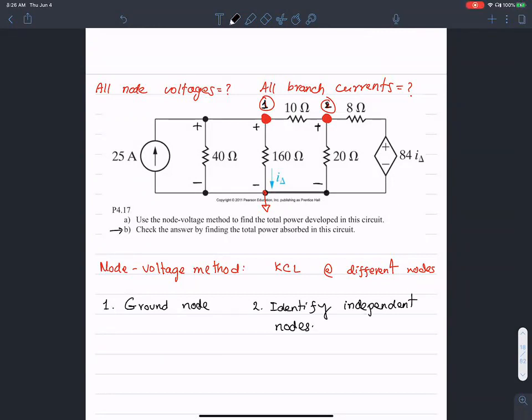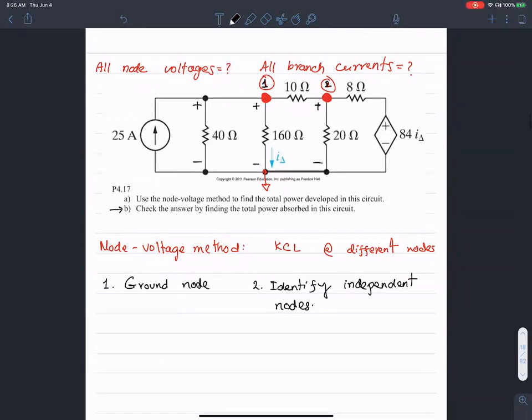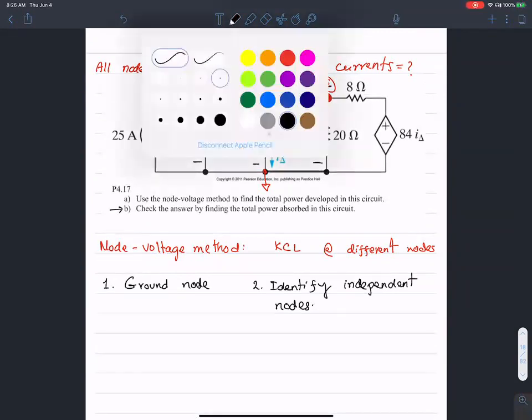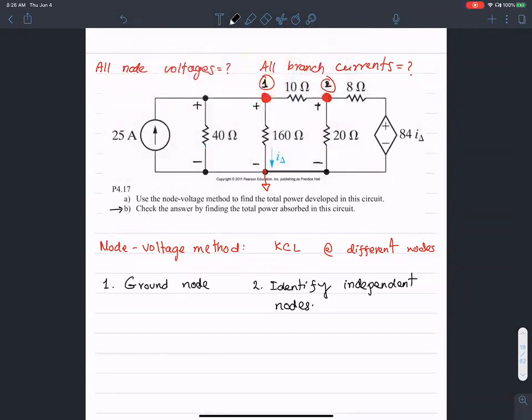What's the next step? At this point, can we start setting up the equation and calculate voltage across at least node 1 and 2?